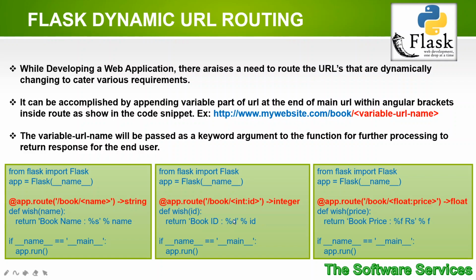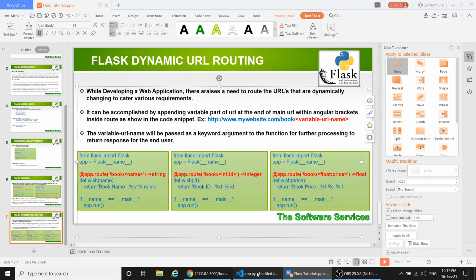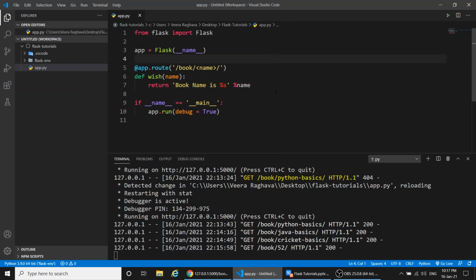Okay, here we are giving the format specifier as d, that is decimal. Here s stands for string, right? So this is book ID. Okay, so let us move to the VS Code. Now I need to define int colon id, right?